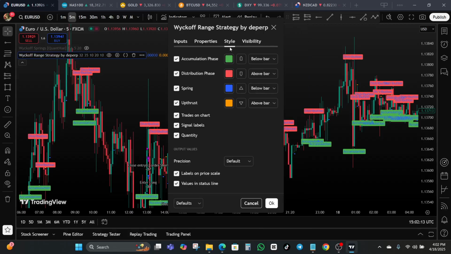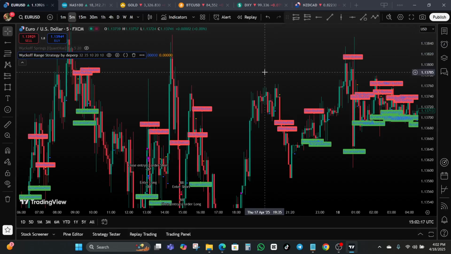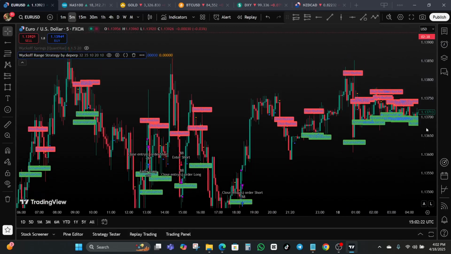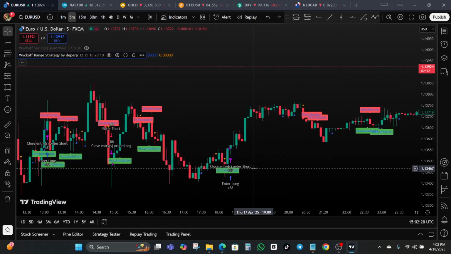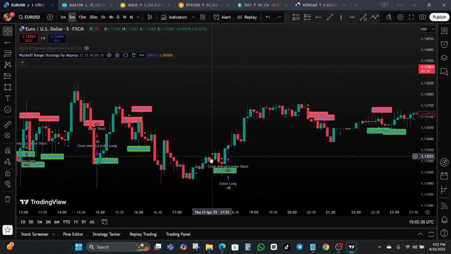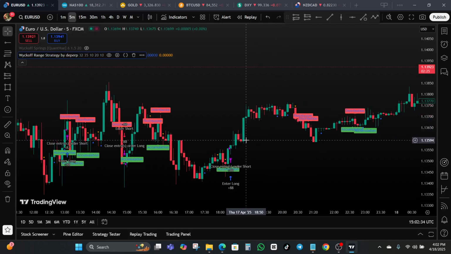All right. If you pay close attention to the indicator, you can see that there are some arrows also highlighted on the chart.